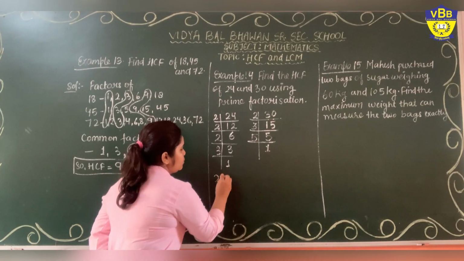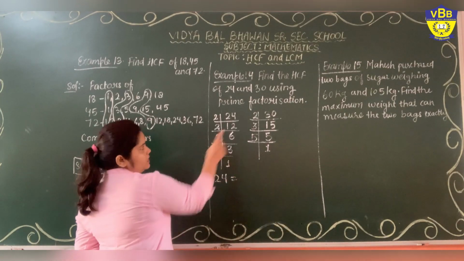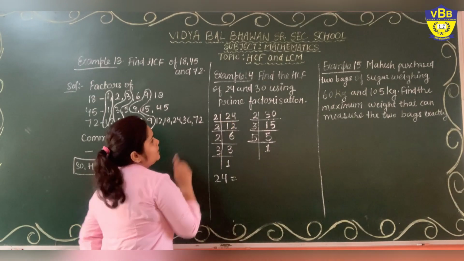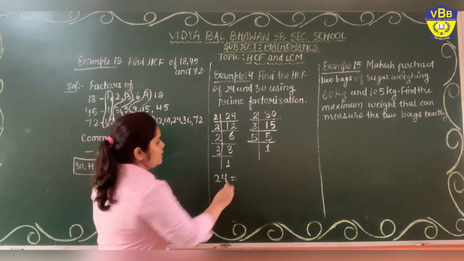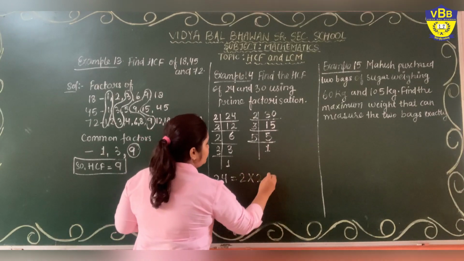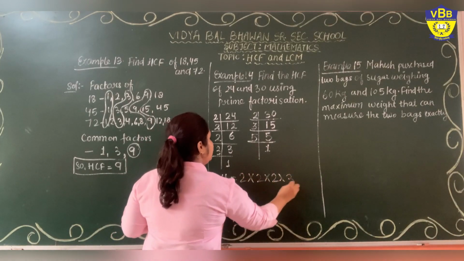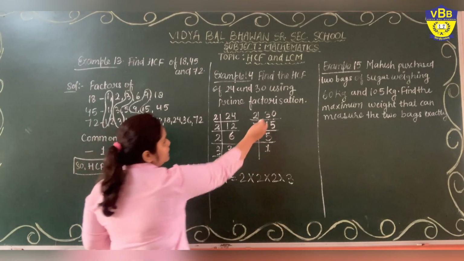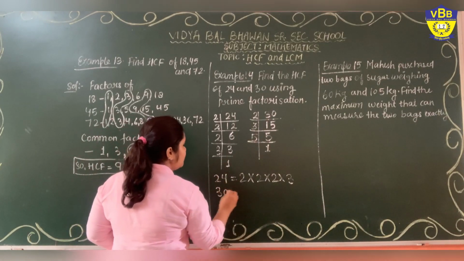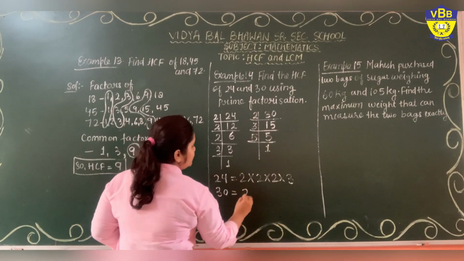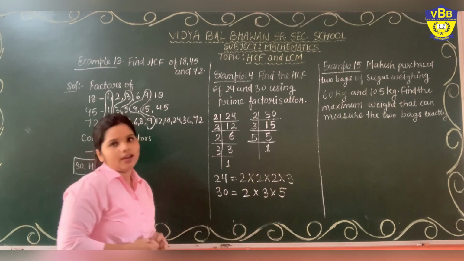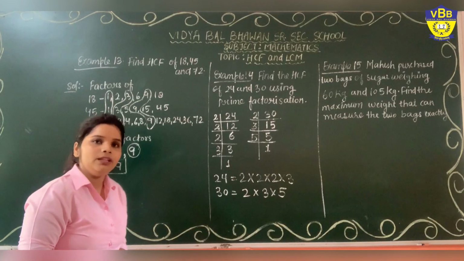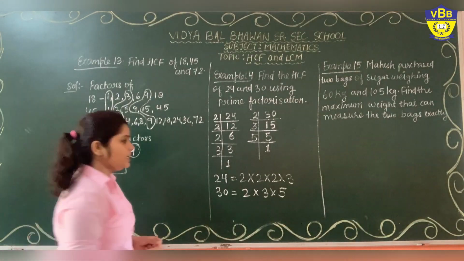Listed here, 24 can be written as 2 multiply 2 multiply 2 multiply 3. This 30 can be written as 2 multiply 3 multiply 5. After doing this, again we need to find the common prime factors.